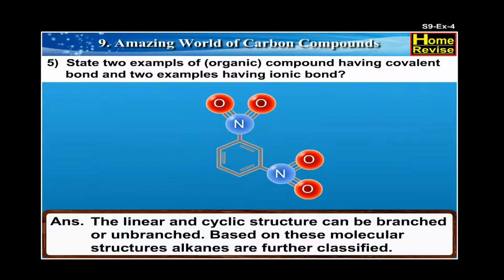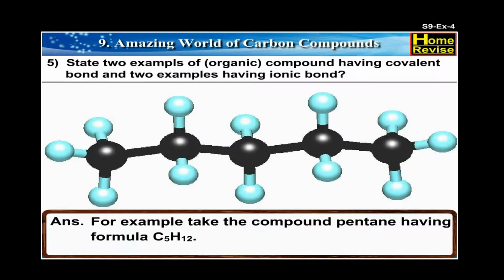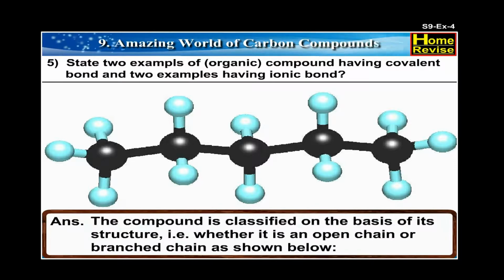Based on these molecular structures, alkanes are further classified. For example, take the compound pentane having formula C5H12. The compound is classified on the basis of its structure, that is, whether it is an open chain or branched chain as shown below.